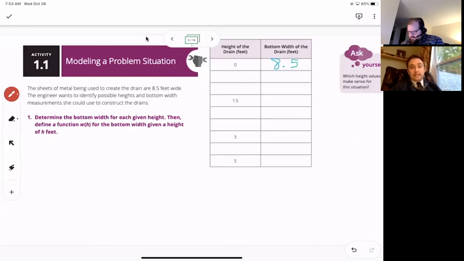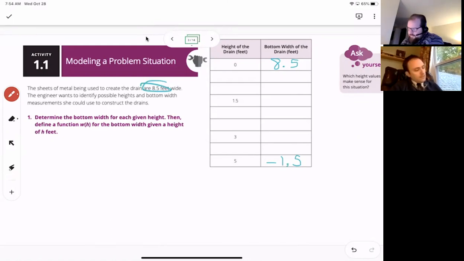So negative 1.5 for that. A key part there is double the 5. That's 10, and we only have 8.5. So if we've already used 10, negative 1.5 would be the bottom width. Obviously, that makes no sense in the context of this problem.